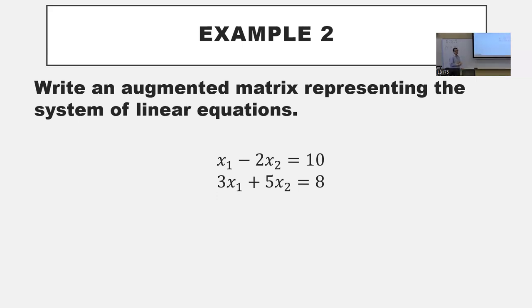Once we start getting bigger systems, a lot of times instead of using x's and y's, people will use x1s and x2s. X1 just means first variable, x2 means second variable. The reason we do that, especially when we get really big systems, is we run out of letters real quick.